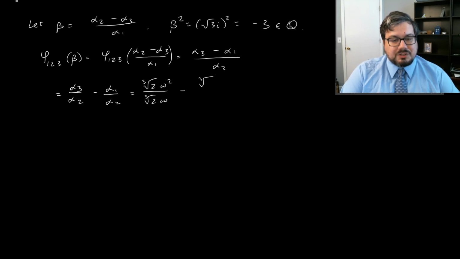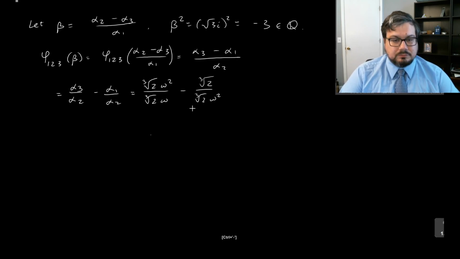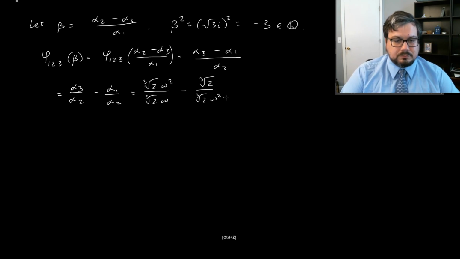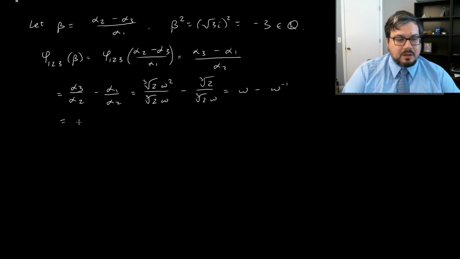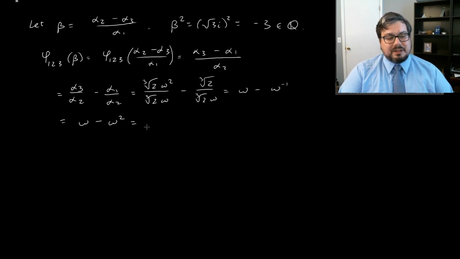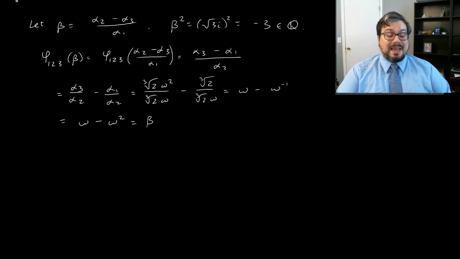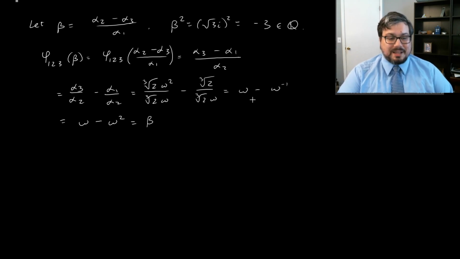Alpha 1 is just the cube root of 2, and alpha 2 is the cube root of 2 times omega times omega. Simplifying this down, we get omega minus omega inverse, which is exactly what we want when we realize that because omega cubed is equal to 1, omega inverse is the same as omega squared.